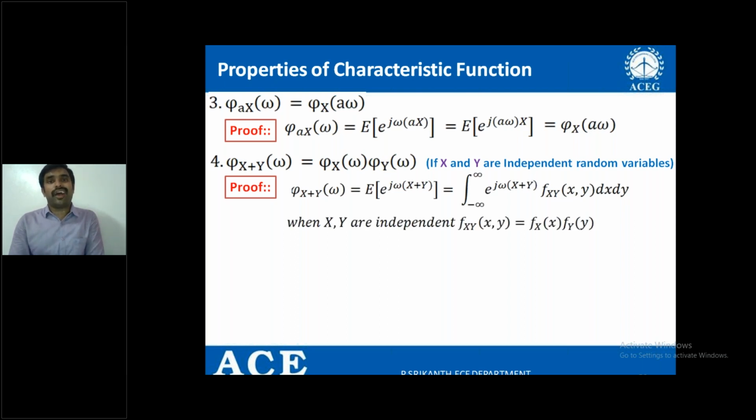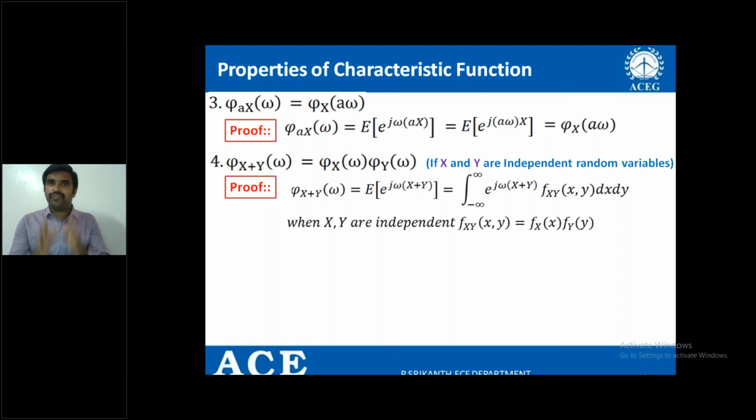So x comma y are independent, and one more thing you need to remember is, if any two random variables are independent or statistically independent, you can write the joint density function equal to the product of the individual density functions. That is, fxy of x comma y equals fx of x into fy of y.